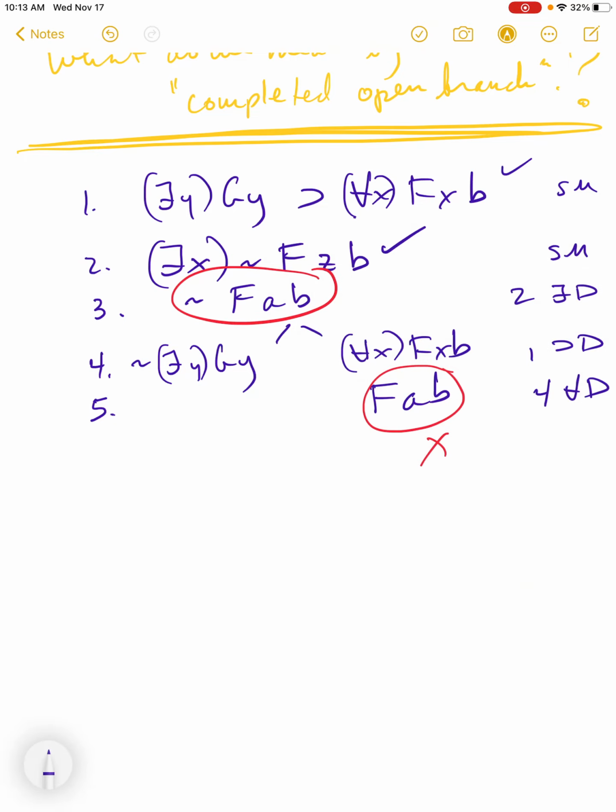Let's go back to the left-hand side now. I've got the negation of an existential quantification. I'm going to apply negation existential decomposition to it, pushing that negation sign through, flipping the quantifier, and I have line 6 from 4 by negation existential decomposition. And now on line 6, I've got a universal quantification.